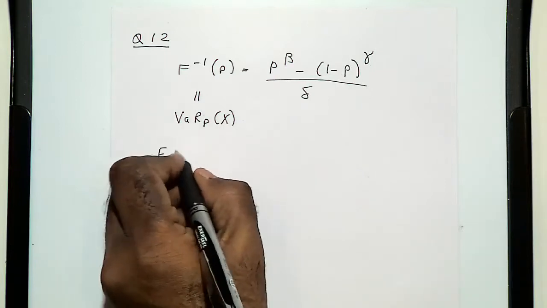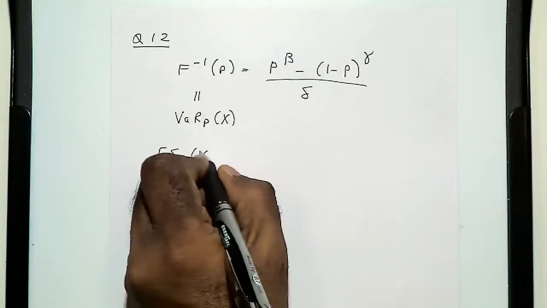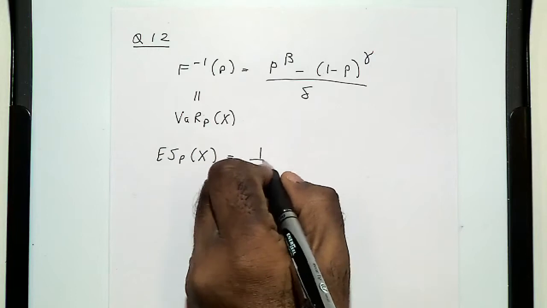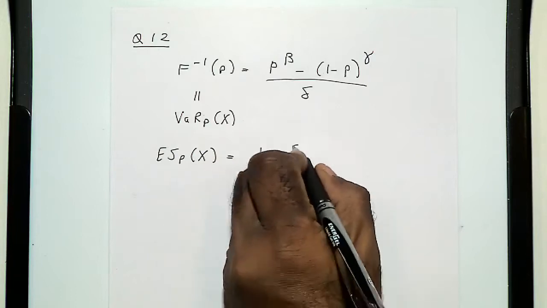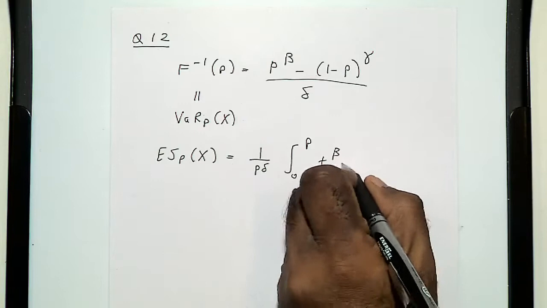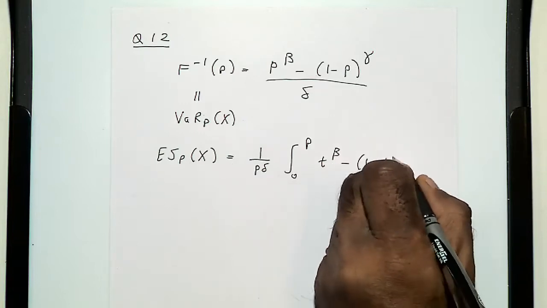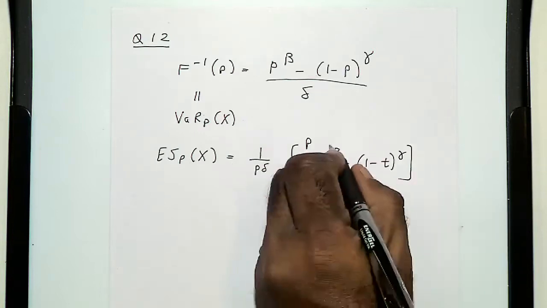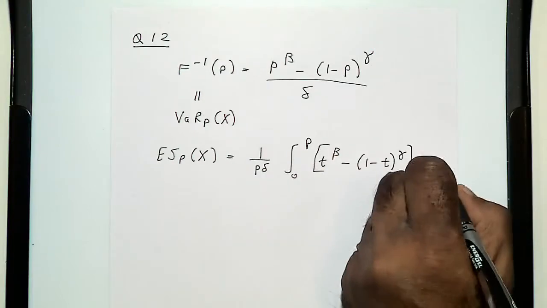So the expected shortfall is gonna be this.